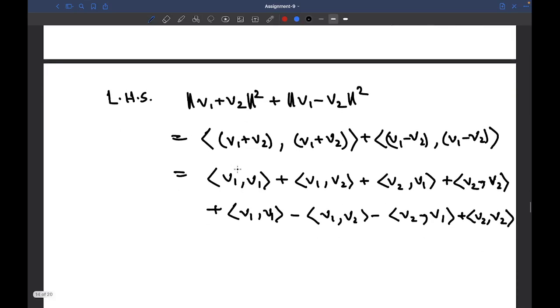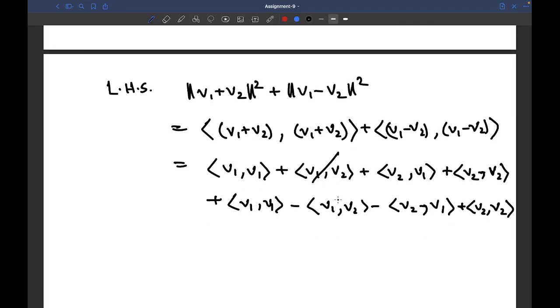Now check that these cross terms will cancel. So V1 comma V1 is norm V1 square, and the other is also norm V1 square, so you will get 2 times norm V1 square plus 2 times norm V2 square.